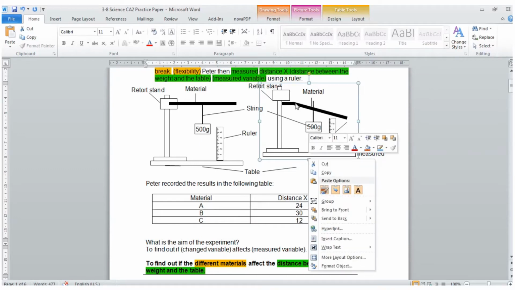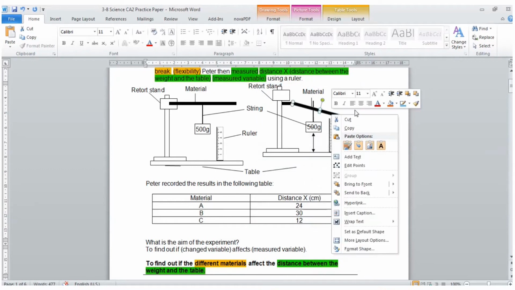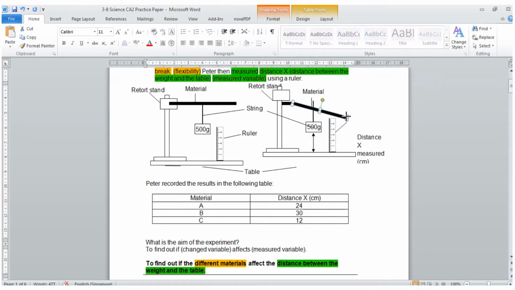So it would mean that this thing didn't really bend a lot. If it doesn't bend a lot, that would definitely mean that the distance between the material and the weight and the table would be longer.